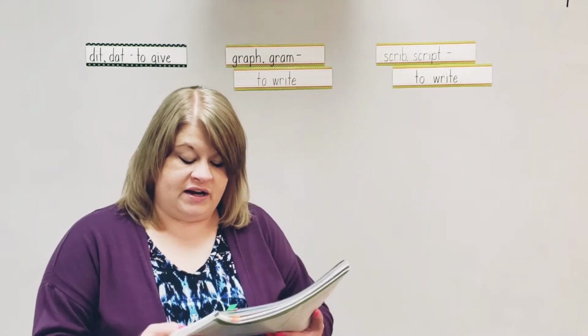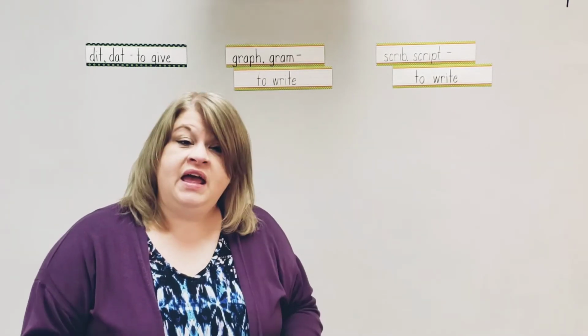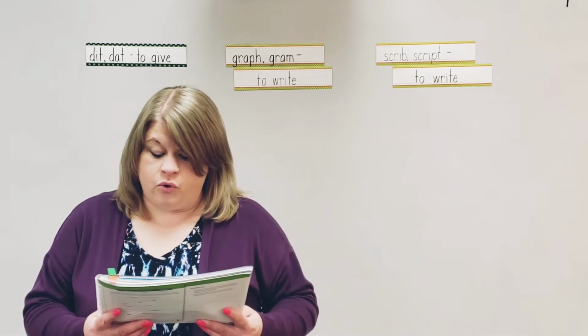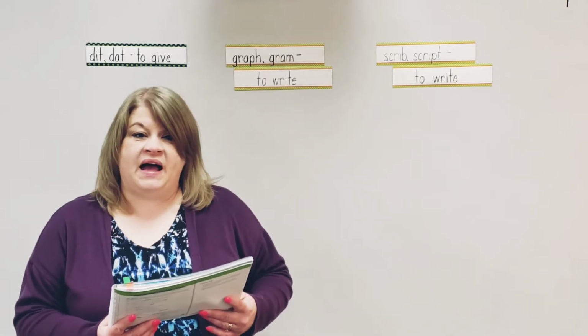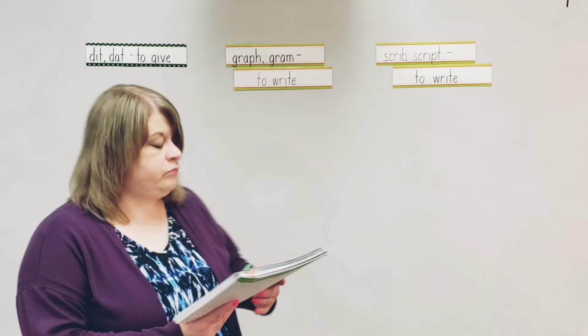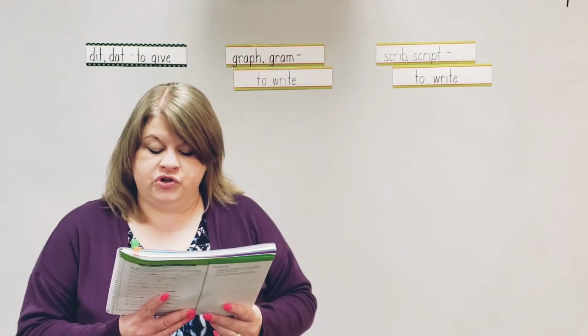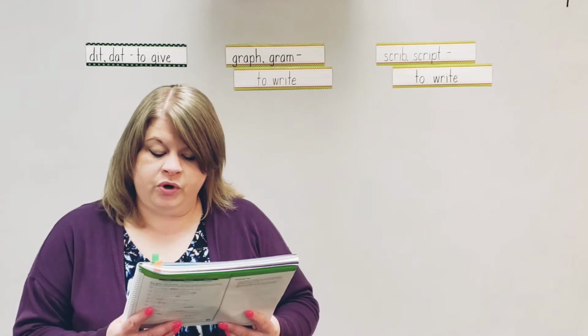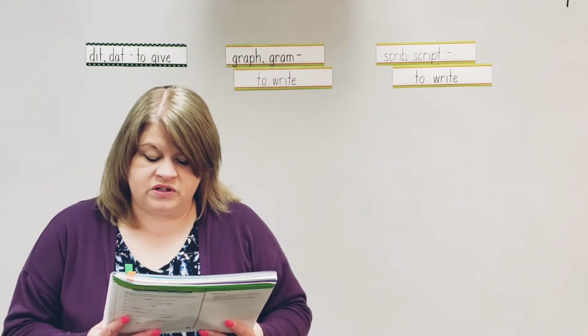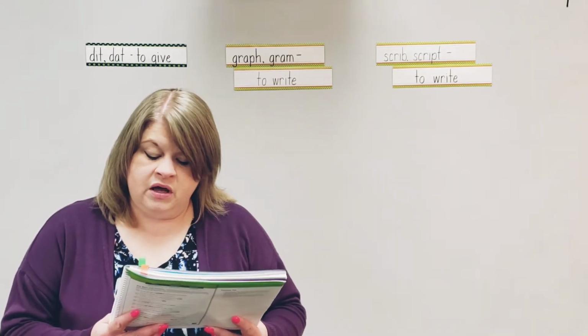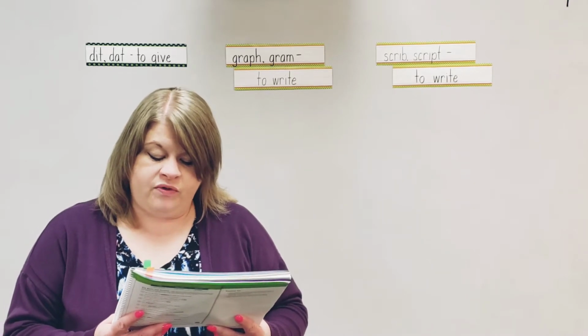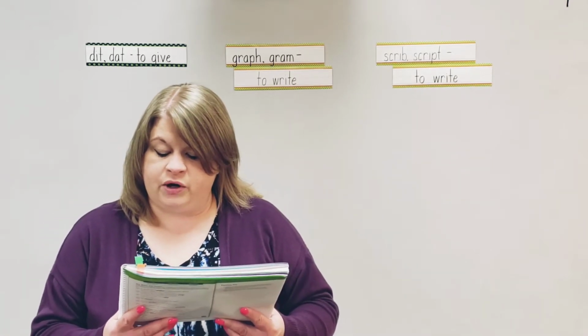So cool. All right, so what you're going to do today on the bottom of 144 is you're going to sort by the roots. We have them listed here, just like it is in your book. Sort the words on the word list by the roots. Write each word under the correct root. Then think of other words you know that come from the same Latin and Greek roots.